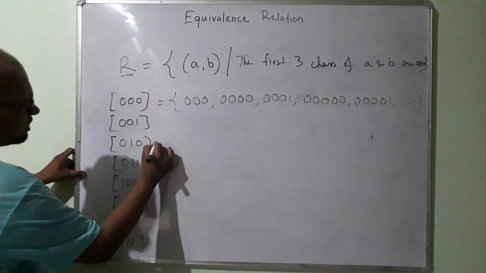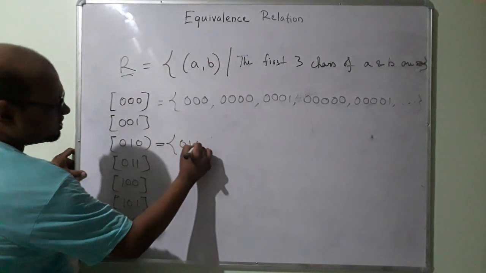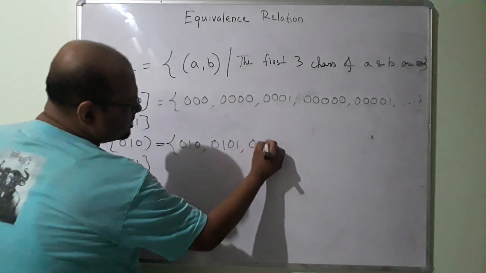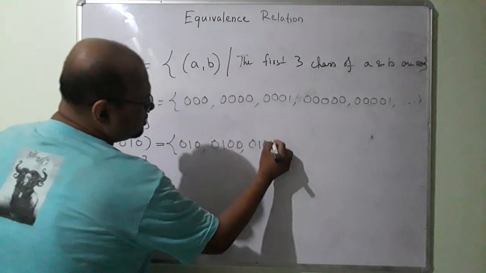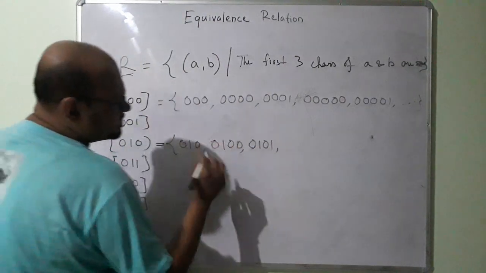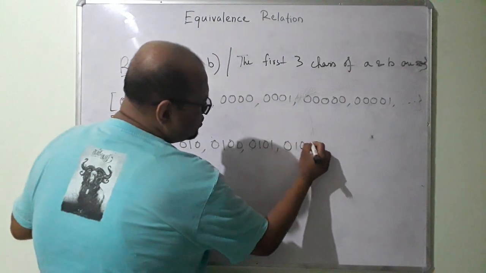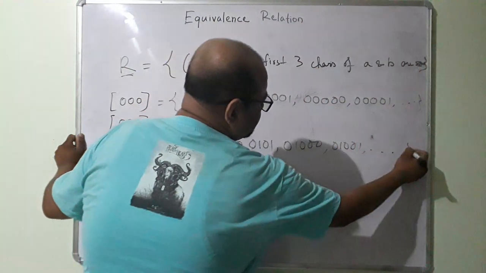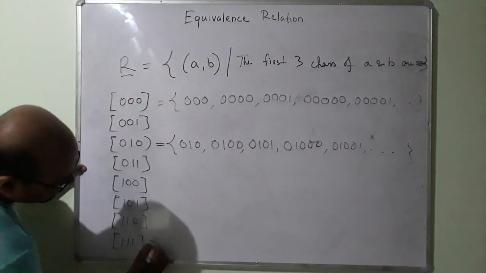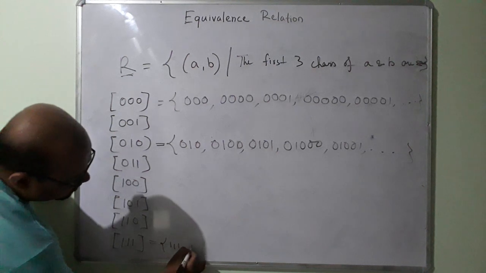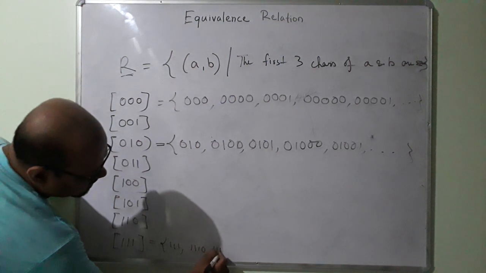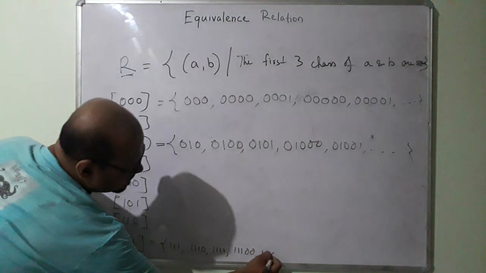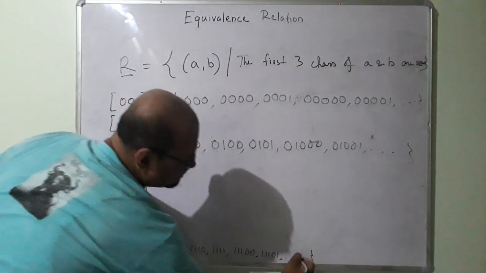This will contain all the strings starting with 0, 1, 0, such as 010, 0101, 0100, and so on. And this will contain all the strings starting with 1, 1, 1, such as 111, 1110, 1111, and so on.